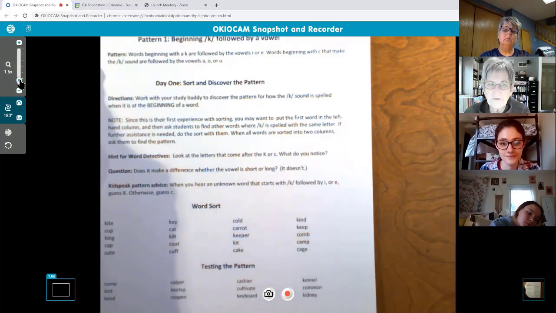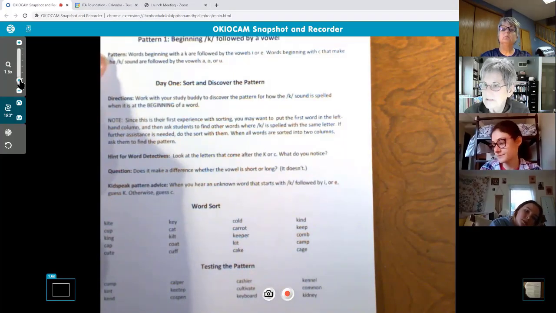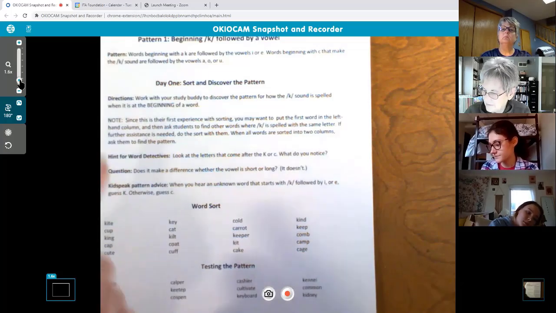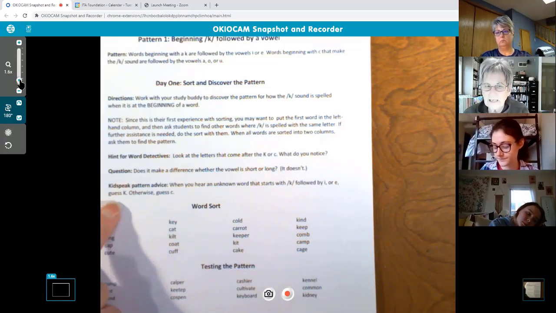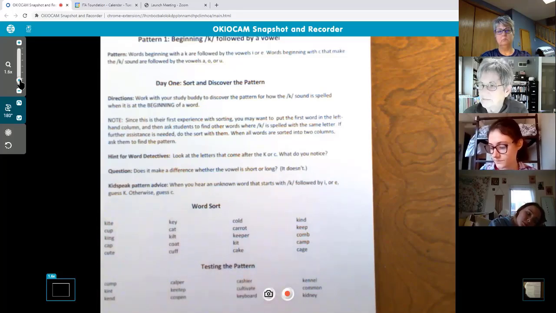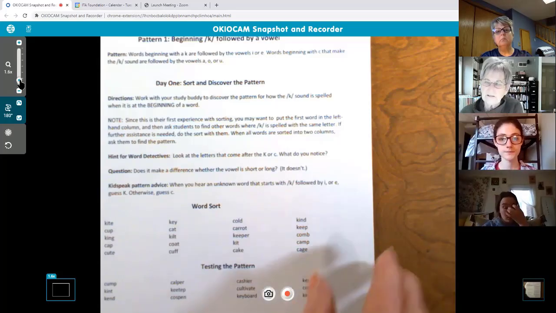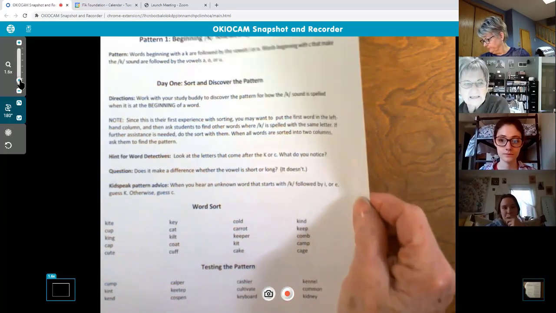This up here is for you. This is the teacher pattern. This down here is kid speak. When you hear an unknown word that starts with K, followed by I or E, guess K, otherwise guess C. Okay, you take the side of the pattern that's the easiest to remember and then tell them otherwise guess.